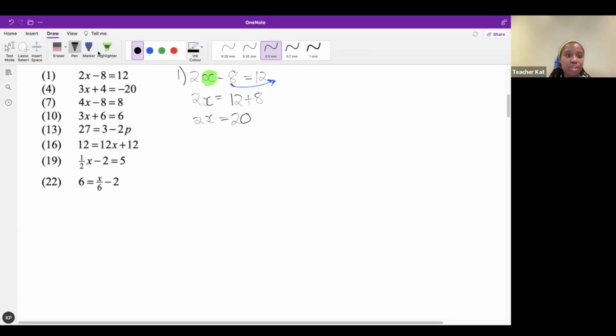And now how am I going to get rid of my 2 in front of the x over here? Because we're still solving for that x. How am I going to get rid of the 2? Okay, we're a little bit shy still. Nice, welcome. We divide by 2 on both sides, and that means my x is equal to 10.